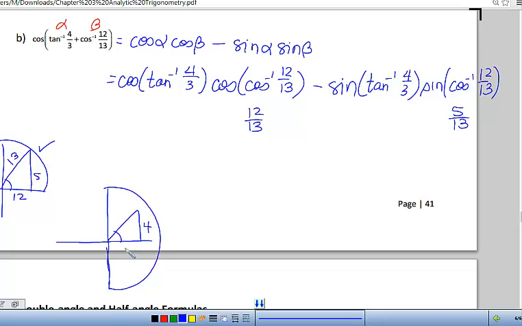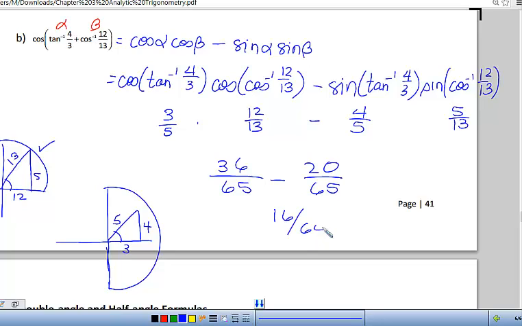My opposite is 4. My adjacent is 3. This is another Pythagorean triple. I get 3, 4, 5. Now I can say cosine of whatever this angle is going to be adjacent over hypotenuse, 3/5. And then sine is going to be opposite over hypotenuse, 4/5. And so we get 36 over 65 minus 20 over 65, or 16 over 65.